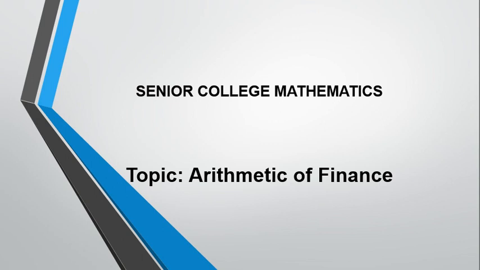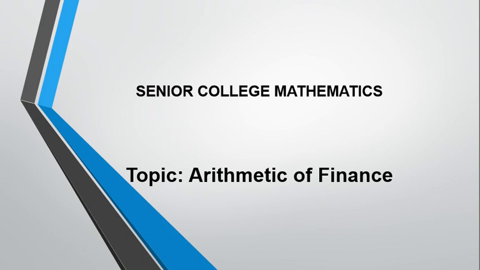If you are in SS1 to 3, preparing to write WAEC, NECO, GC, NAMTEP, JAMB, or any other external exam into high school, this lesson is for you. Arithmetic of finance, senior college mathematics.